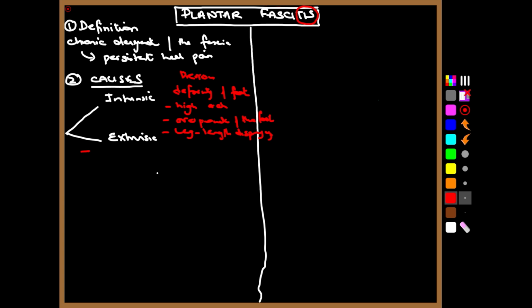But it's always good to know if somebody's got a deformity of the foot and/or a congenital condition, or they've got a long extensive orthopedic history, we can definitely give plantar fasciitis a bigger thought than the other differential diagnoses. But these extrinsic ones are where the patient will mainly present.